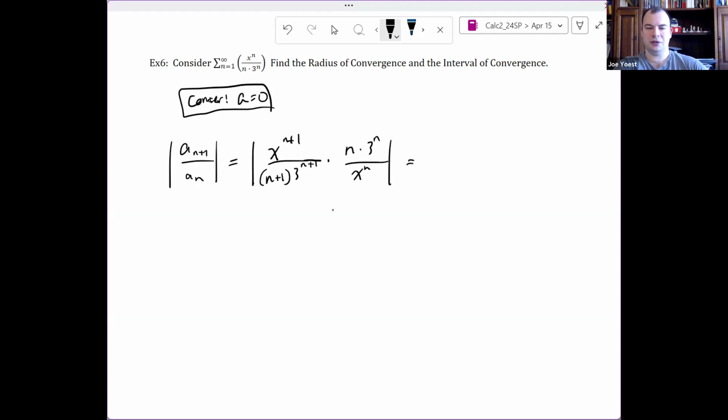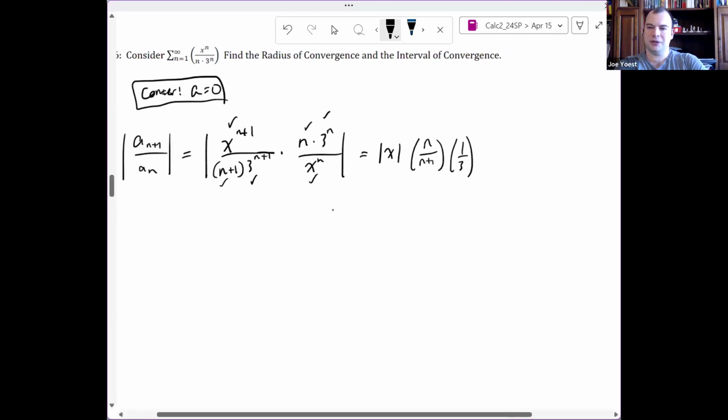Most of my x's go away, so I end up with x to the 1 inside the absolute value. That takes care of those two factors. I have an n over n plus 1, and then a 3 to the n over 3 to the n plus 1, which is a 1/3. That takes care of everything inside the absolute values.